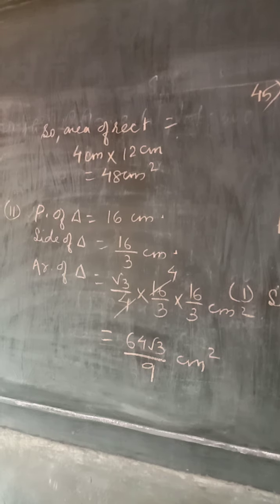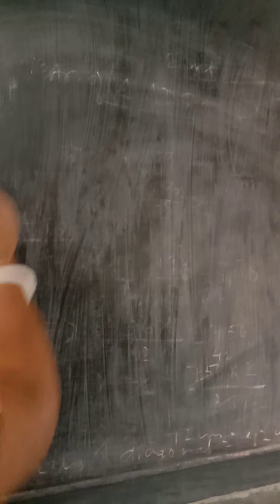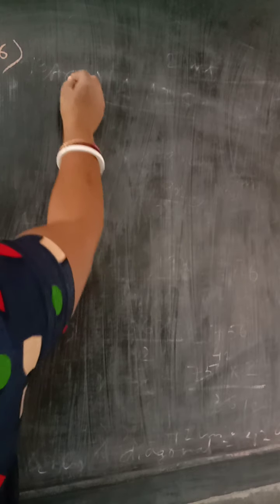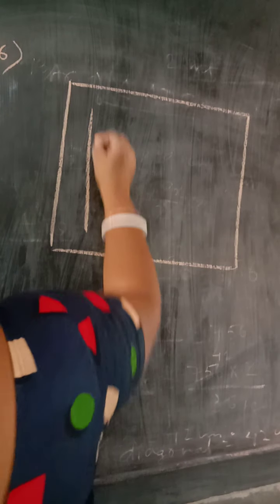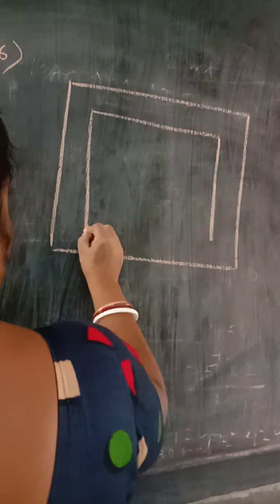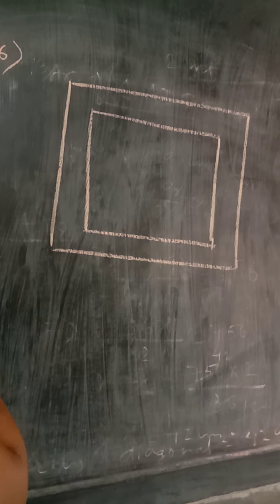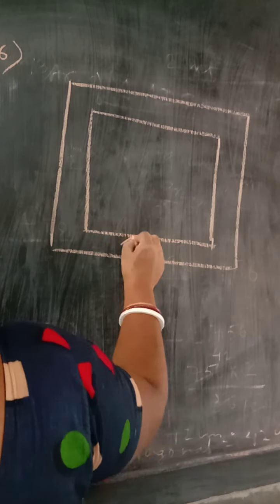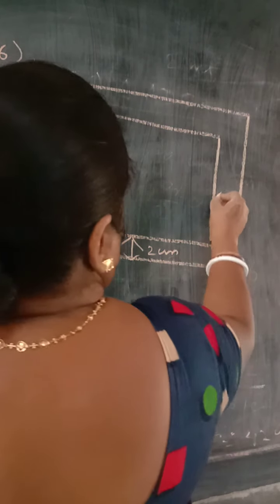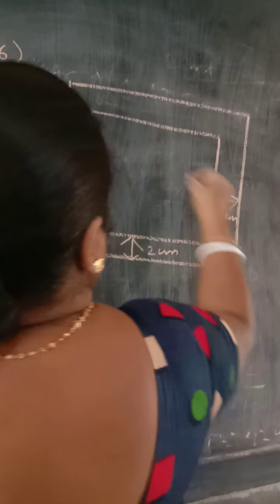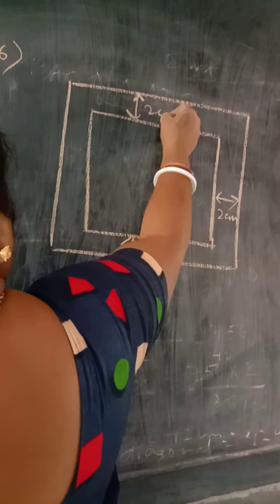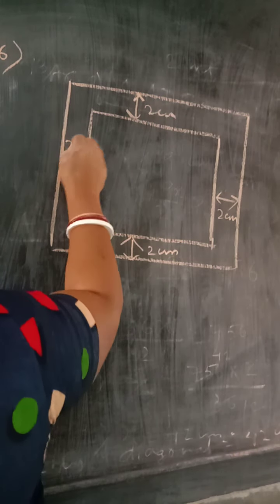Now, you can see question number 46. This is a chessboard. Everywhere a 2 centimeter wide border is left. This is 2 centimeter, this is 2 centimeter, this is 2 centimeter, and this is 2 centimeter.